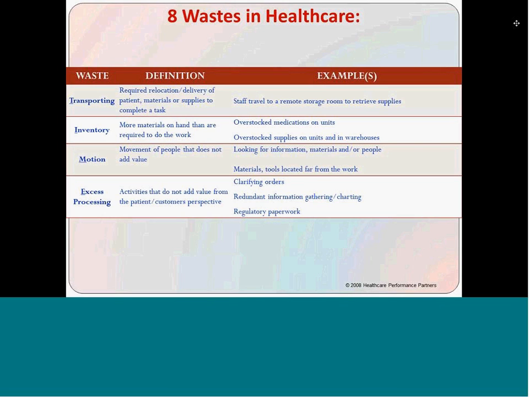Excess processing, we see this in the reclaiming of orders, redundant information gathering, regulatory paperwork. You see this in a number of excess signatures that we may see on a form. Are all those signatures really needed? We see it's minimized a lot when processes have been upgraded technologically. But it still exists. It has been in existence for the last 2 decades.